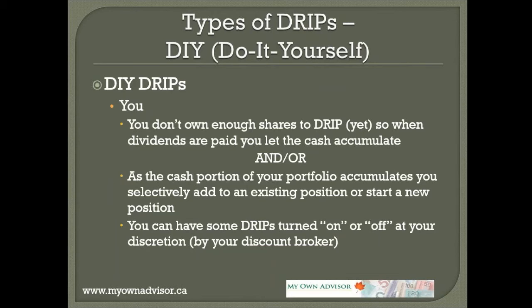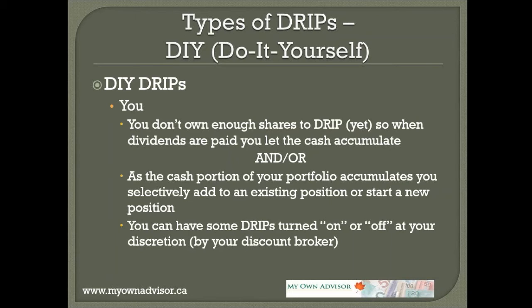You can also do a DIY, and that's really on you, whereby if you don't own enough shares yet, when dividends are paid, you can let the cash accumulate, and then you can get that money reinvested in new stocks or what have you as the cash accumulates. And if you do have enough money whereby the dividends are coming in, and you can buy at least one full share, then you can pick and choose which stocks you want to DRIP and which ones you don't.